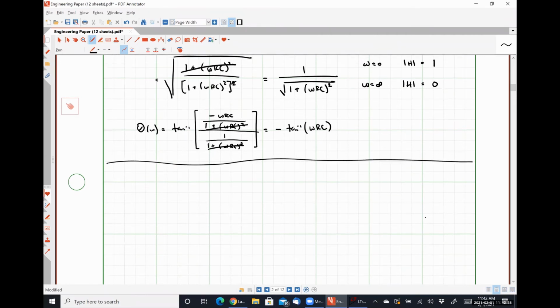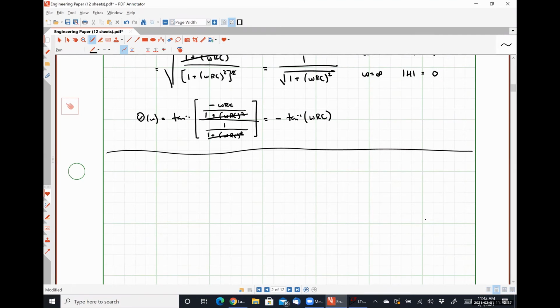All right, let's talk about the decibel. Inherently, our transfer function here is a ratio of output voltage to input voltage.